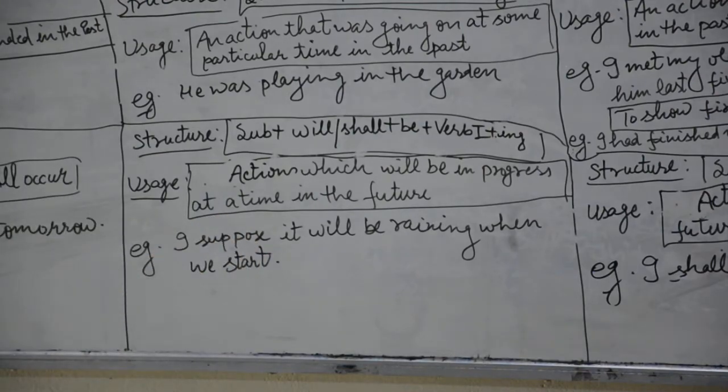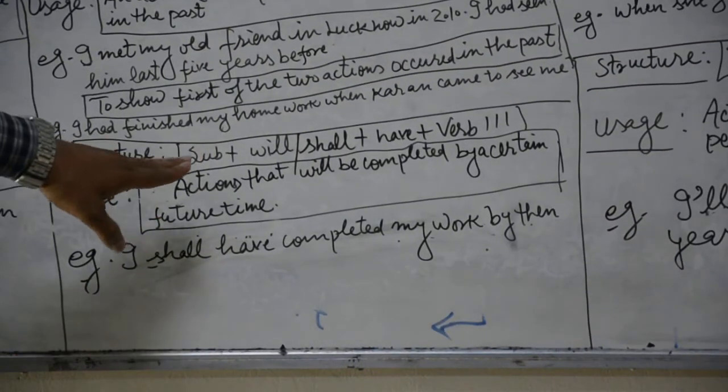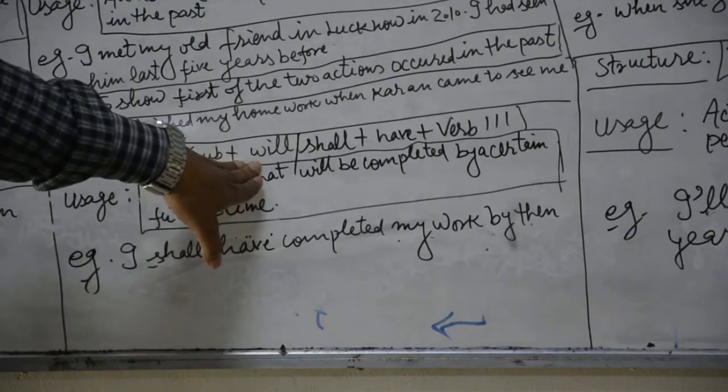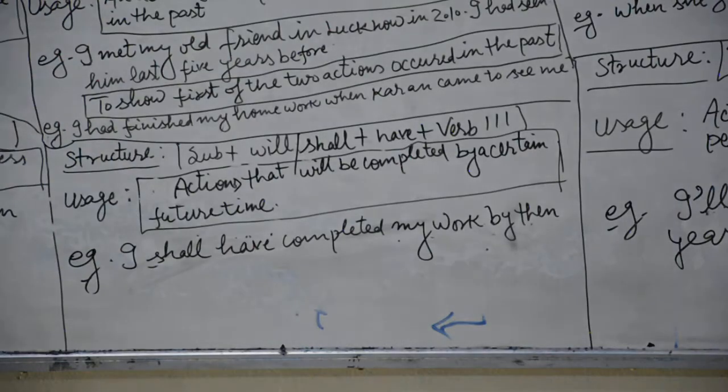Now we come on future perfect. What is the structure of future perfect? In future perfect tense, first we use subject, then will or shall, then have, and then third form of a verb. Always remember that when there is perfect tense, we use third form of a verb.